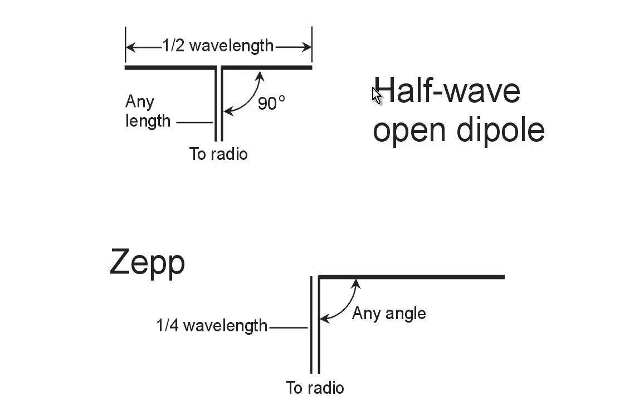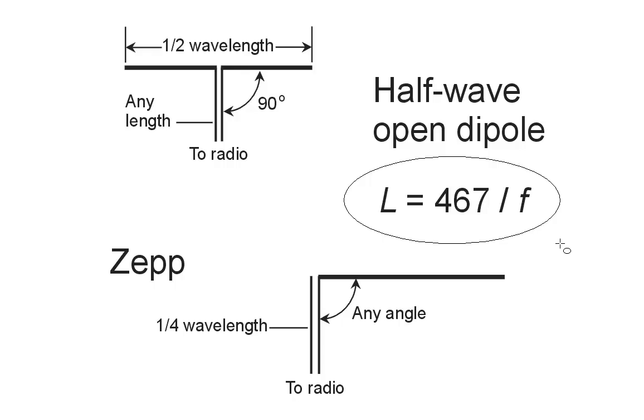Well, if you have a half-wave antenna like an open dipole or a Zeppelin antenna, you can calculate what its length should be in feet or meters using certain formulas. Right here I have written the formula down for calculating the length for a half-wavelength antenna like a ZEP or a dipole in feet, given the frequency f in megahertz.